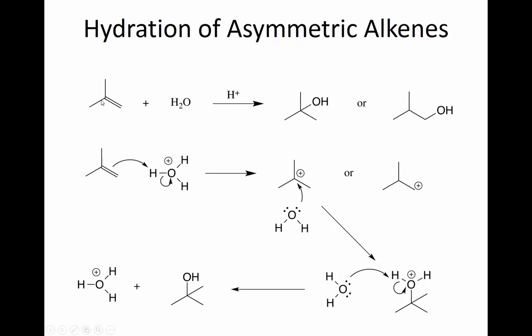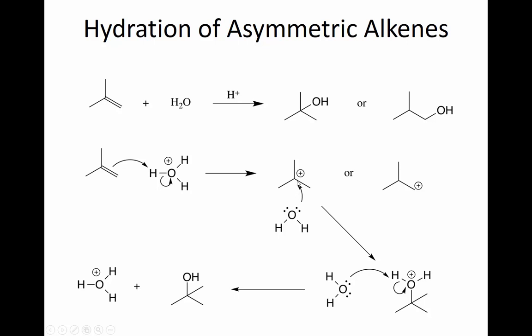Again, we can follow the mechanism of the hydration of asymmetric alkenes and ask ourselves the question, which is the major product? Is it going to be this alcohol or this alcohol? We follow the mechanism and see first the donation of electrons to the acid to get the hydrogen. We make our carbocation.